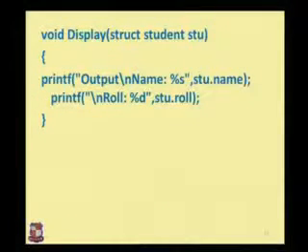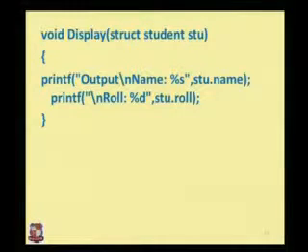So we are defining the display function. In the definition of the display function, we are including void display(struct student stu). Here stu is the name of the structure of student type, and display is the function. In that function definition we have included printf output, the name stu.name.